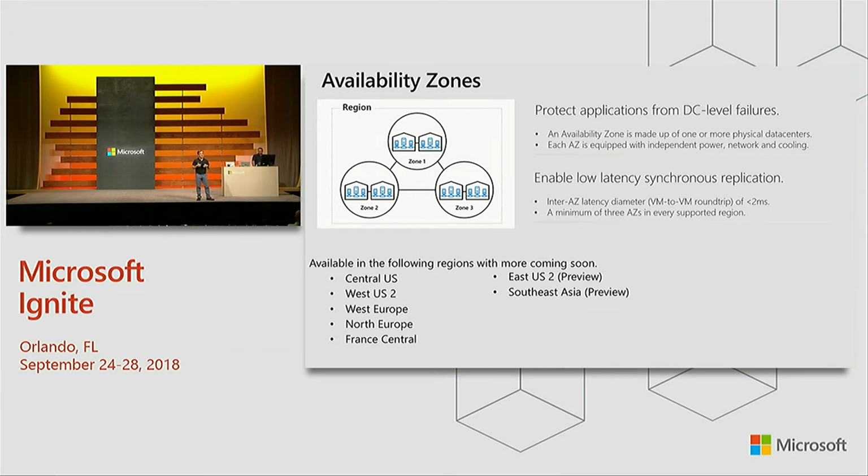In other words, the way we carve zones in a region, we pick different data centers with independent power, network, and cooling to make sure that there is no facility level incident like San Antonio, which will take down multiple zones. So in a way, the fault domain boundary is now a data center.